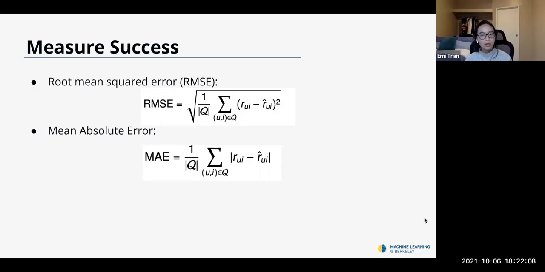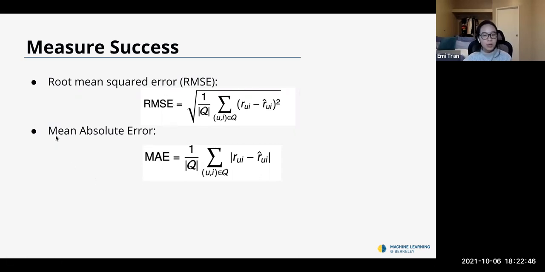It's either root mean square error, where the absolute value of Q is the size of the test set. I think you have already seen the RMS error equation. It's squaring the difference between the ground truth value and the predicted value, and then averaging across the number of test samples.